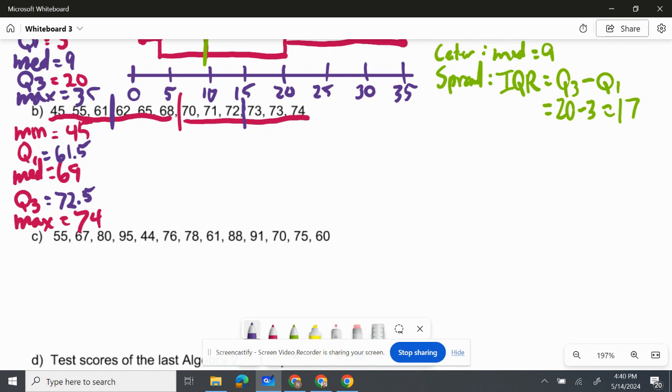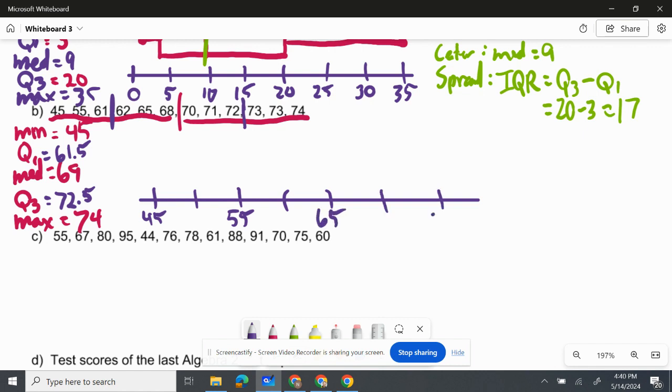So we're going to go by tens this time, because the numbers are a little bit more spread out. So I'm going to go 45, 55. I guess it's still by fives. 65, 75.